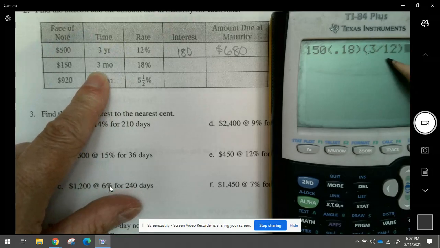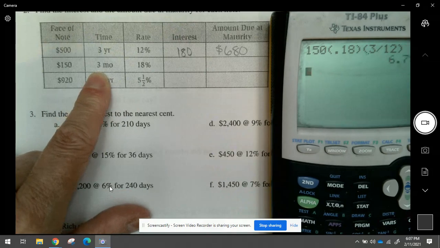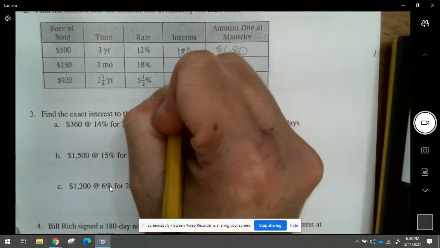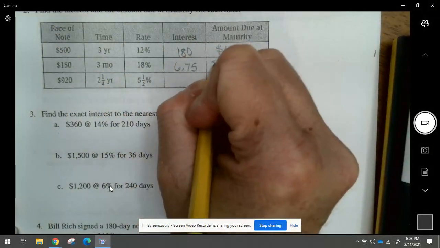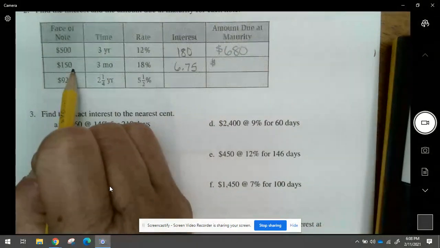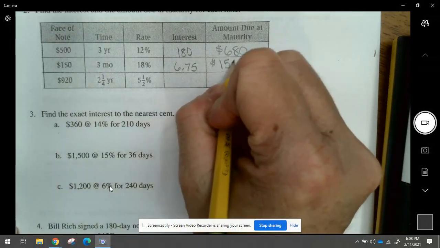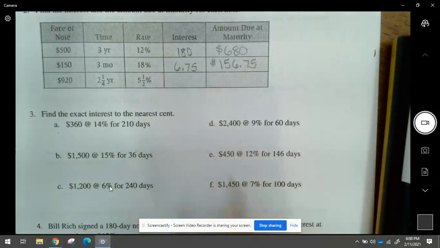You can just do that right in the parentheses. Hit enter. $6.75. So we're going to add $6.75 to 150. So 156.75 will be our maturity amount due.